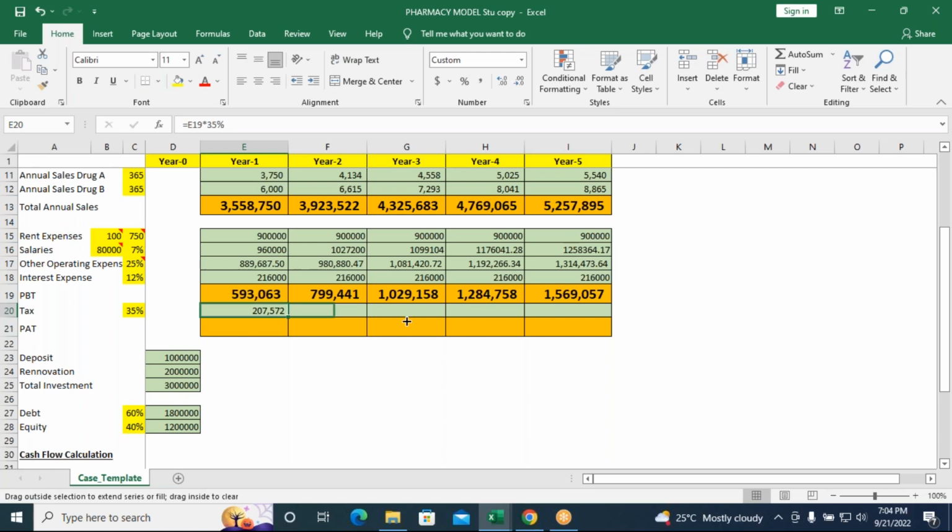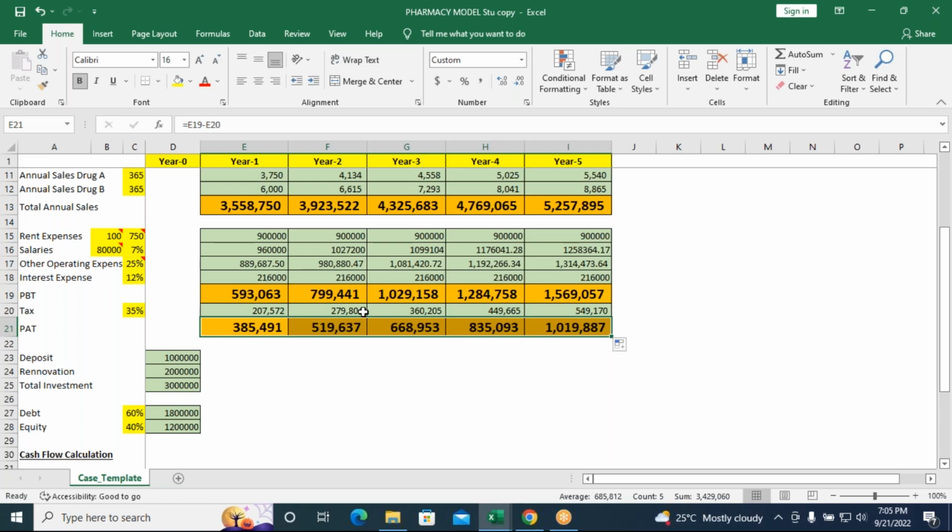So I'll select it and I'll drag. Now PAT, profit after tax, is equal to PBT minus the tax value. So do this. I want you people to try this out. Till here, solve it. So till here, no doubts, right? Everybody understood?